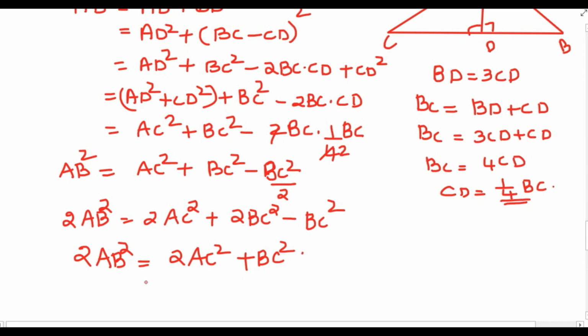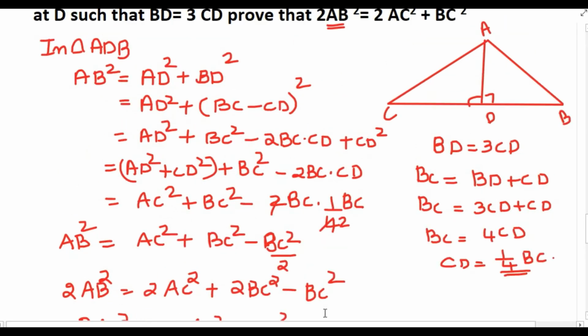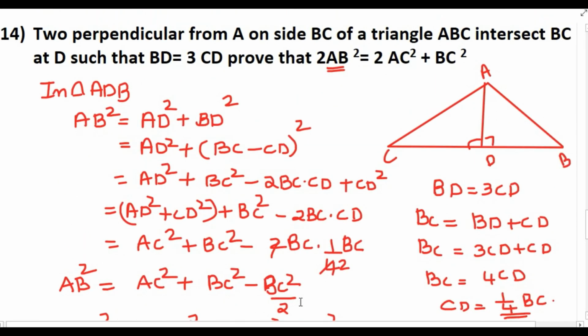This is what we need to prove. So what condition they have given: first we wrote that BD equal to 3CD. Then we took AB square from this triangle, and we have finally proved that 2AB square equal to 2AC square plus BC square.